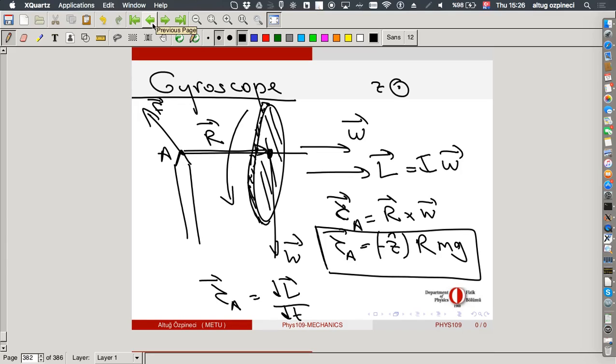Now, in empty space, the weight will be zero, this force will be zero. So there won't be anything creating the torque. Since there is no torque created, the angular momentum will not change. In fact, that is why you can fix a given direction in empty space by using a gyroscope. It doesn't change its direction. I mean, you can model empty space as a freely falling object, and if I hold it with one hand, it precesses.